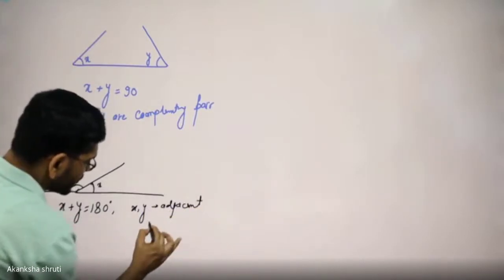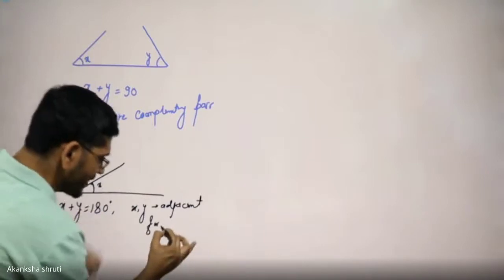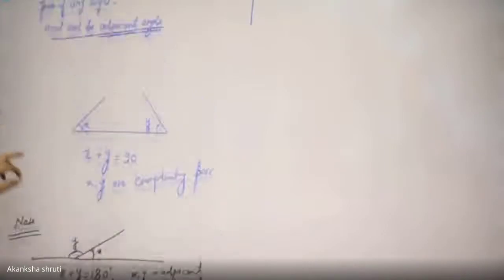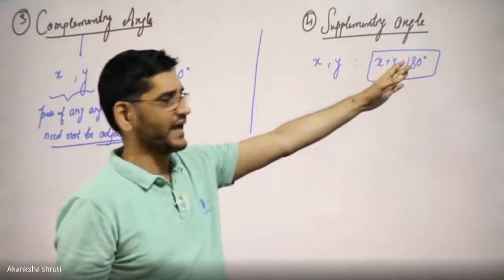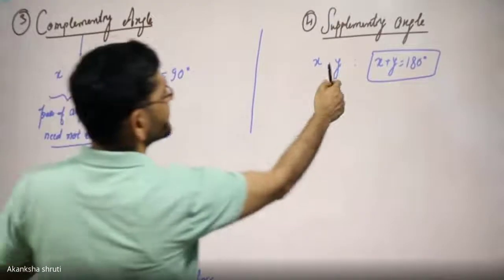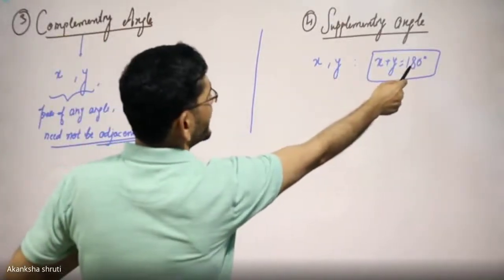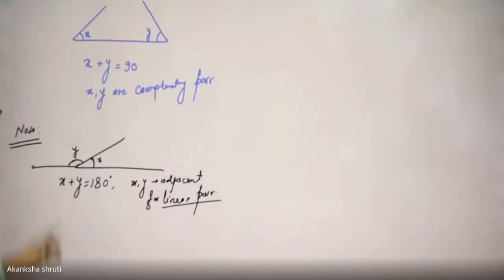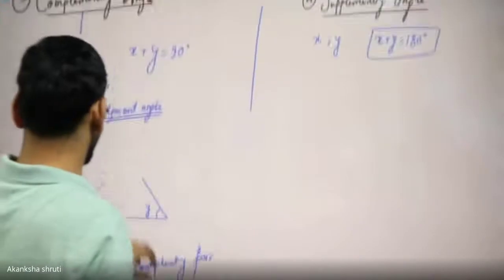This is the requirement for a linear pair. So that's why this linear pair is different from the supplementary angle. Students, keep in mind for supplementary angles, the sum of any two angles is 180 degrees. But for the linear pair, the sum of adjacent angles should be 180 degrees.